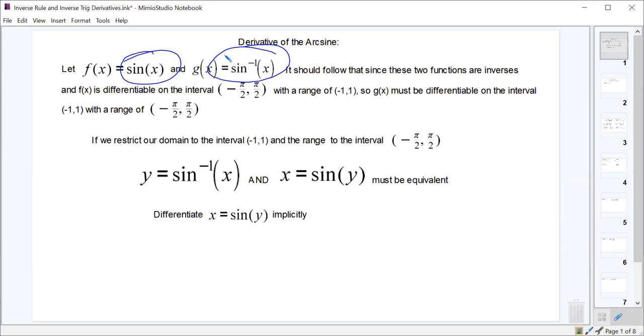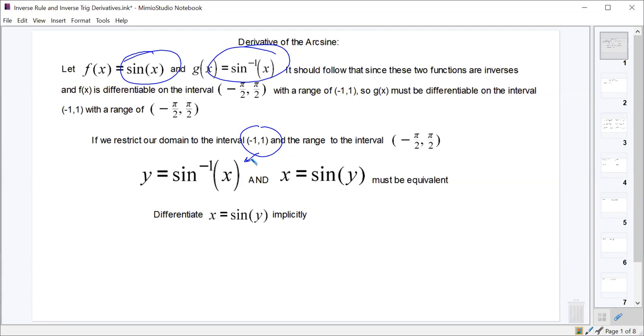Okay, so sine x and inverse sine x are inverses of each other on the interval for sine from negative pi over 2 to pi over 2. And on inverse sine, the interval is from negative 1 to 1, meaning that we can't plug anything other than negative 1 to 1 into the inverse sine, right? Because whenever we take a sine value, the output is always between negative 1 and 1. True?